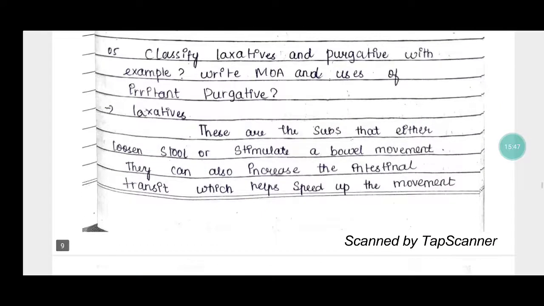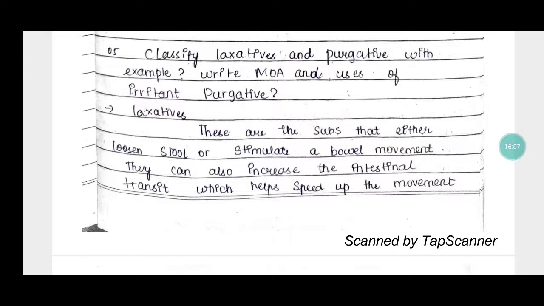Coming to the next question, that is question number 5: classify laxatives and purgatives with examples, and write the mechanism of action and uses of irritant purgatives. So laxatives are substances that either loosen the stool or stimulate a bowel movement.